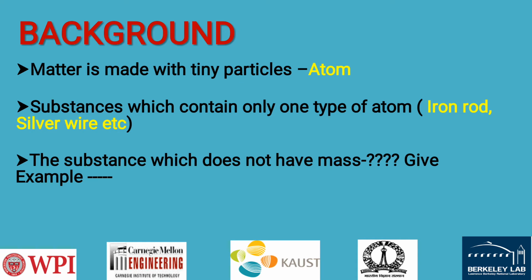What do we call it? Anybody answer? Yes, like photon. I think you have heard about light energy, heat energy, gravitational energy. Heat energy is carried by phonons, light energy carried by photons, and gravitational energy carried by gravitons.